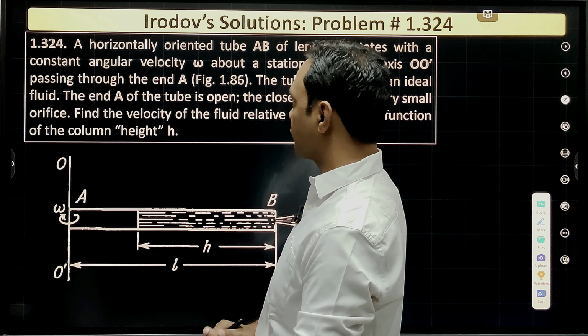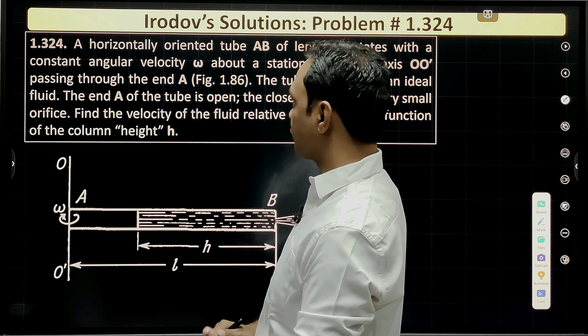Now come here. This is also rotating. The axis of rotation is vertical and the liquid is horizontal, so I can apply the same result on any 2 points at horizontal level. Suppose the 2 points that I am taking are, this is point 1, and this point is just inside the tube, point 2, and between them this is x, and here this element is dx.